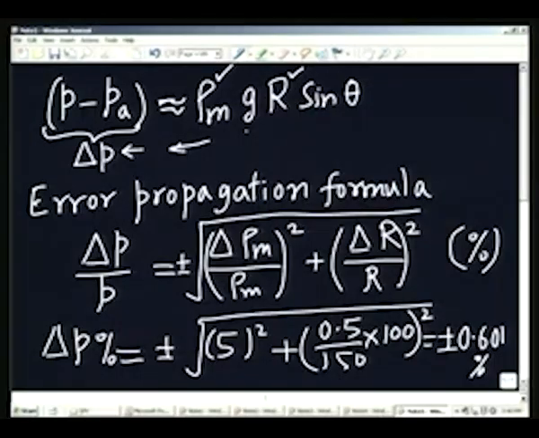Previously I had 0.12%. If you go back, you will see. So, the percentage error between the two cases, this was 0.12 and 0.6, about 5-fold. This error is not negligible. So, as in the previous case, we said that the error due to the neglect of the density of air itself is very small, it can be neglected, but not this, because this is about 5 times that error.